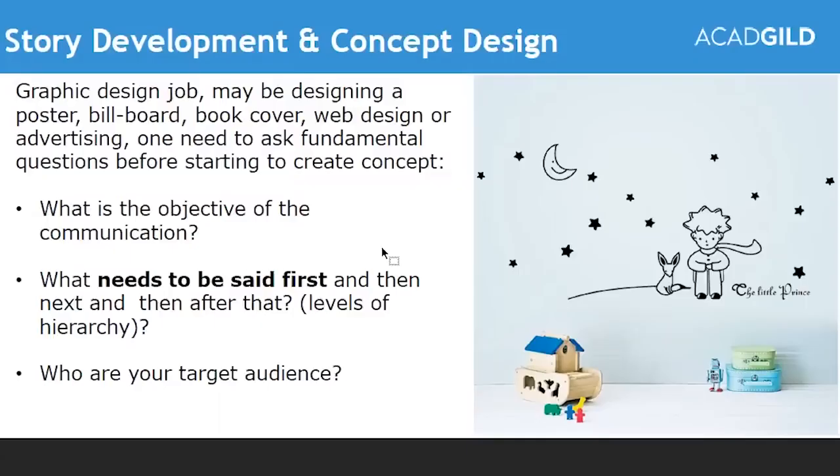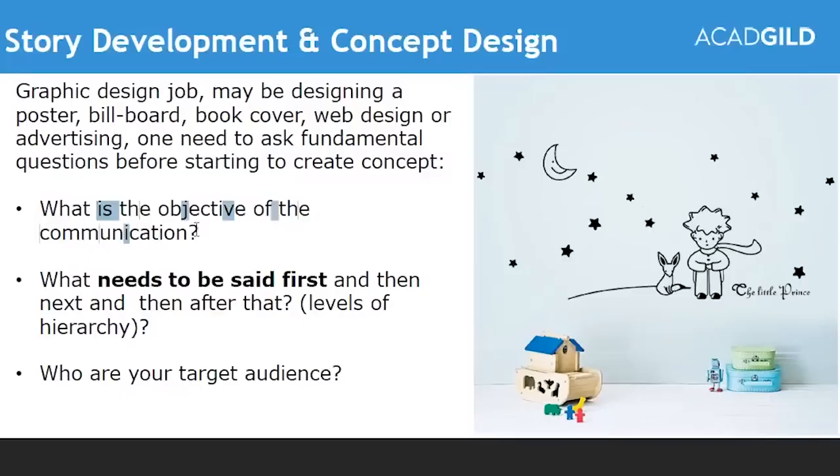The first part of story development: whenever we start creating or implementing anything, we think about three different things. The first question is, what is the objective of communication? While creating any graphics or design, we need to think about the objective of communication, and where it is going to be published.